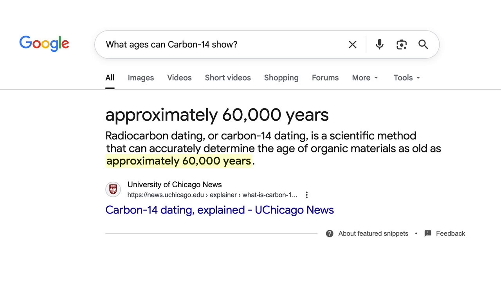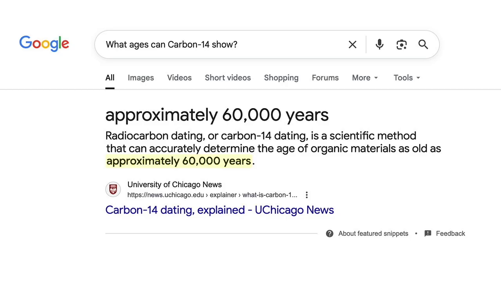Once we die and we no longer are breathing in new carbon-14, the amount of carbon-14 in our body begins to degrade and lose its radioactive quality. The absolute outside limit of how old something could be and still have detectable carbon-14 is approximately 60,000 years.